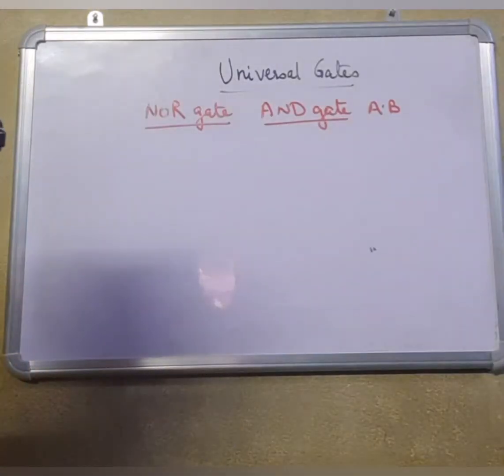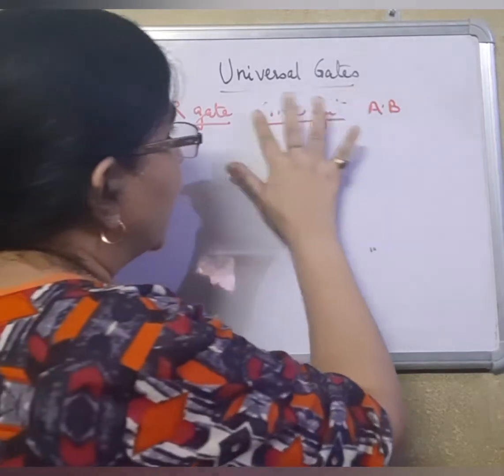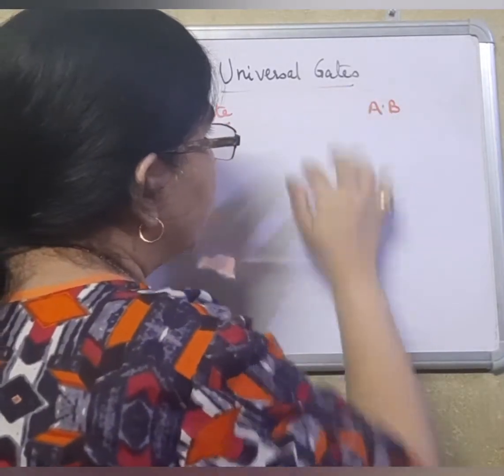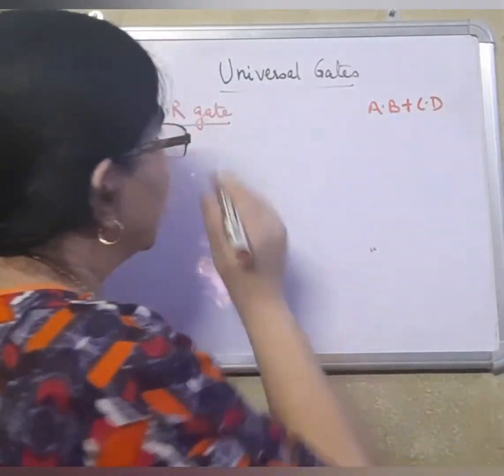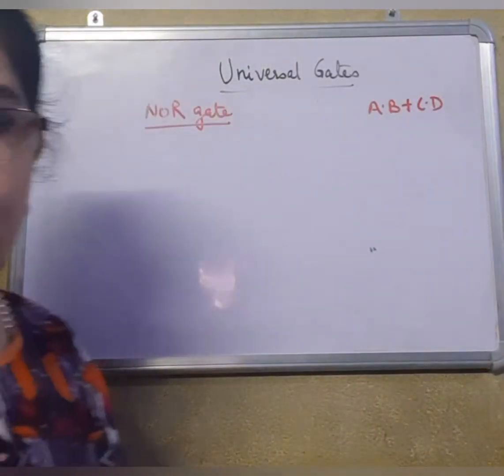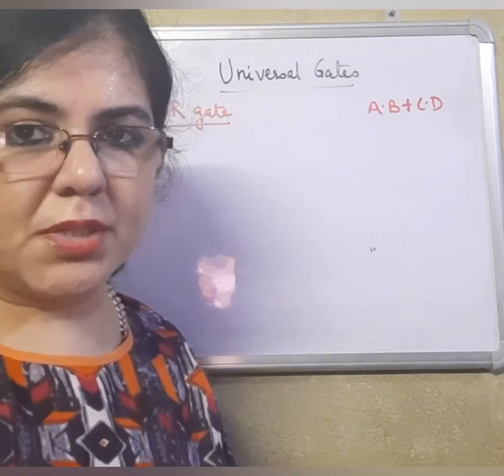Suppose this question is given that we have to create A dot B plus C dot D using NOR gate. So A dot B plus C dot D. Now dot is not its own symbol.